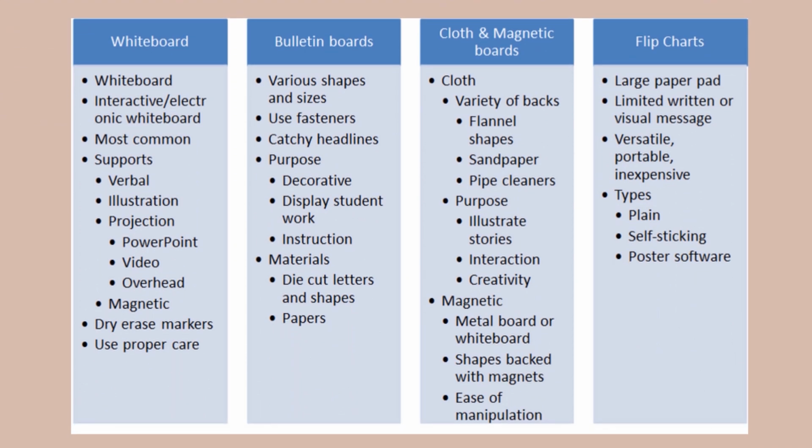Here, as we can see, are some examples of display surfaces: whiteboard, bulletin board, magnetic board, and flip charts, and each one of them has some advantages and disadvantages, and this is for you to read.